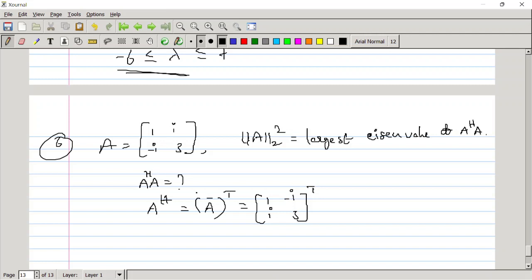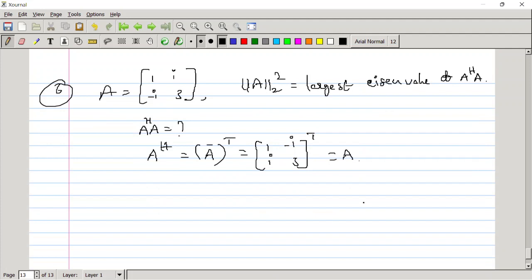Conjugate means we have to do the conjugation to each and every element in the matrix A. By this we can again say that this is nothing but A. So the matrix A power H times A is nothing but A square. So it is asked for the largest eigenvalue of A square. So we will calculate the matrix A square.